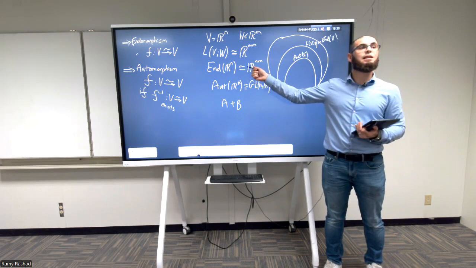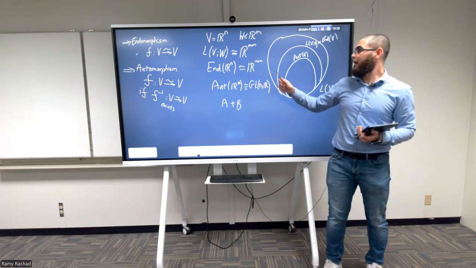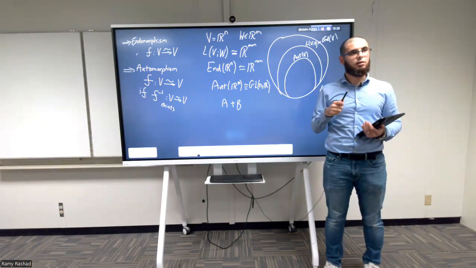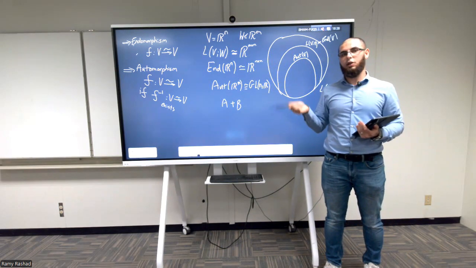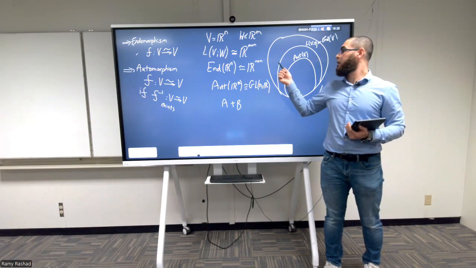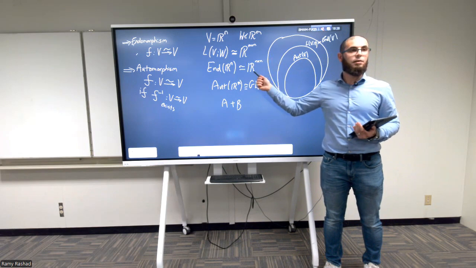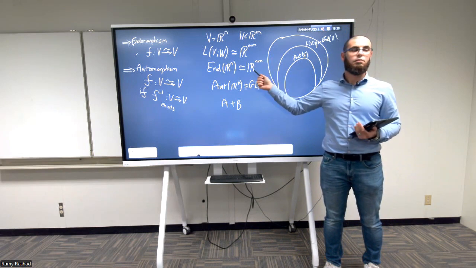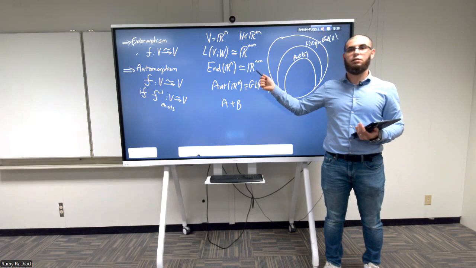This has a vector space structure. Does it have a group structure? If I give you two n by n matrices and you multiply them together, do you get another n by n matrix? Does it have an identity element? Yes. Does it have an inverse? In general, not.